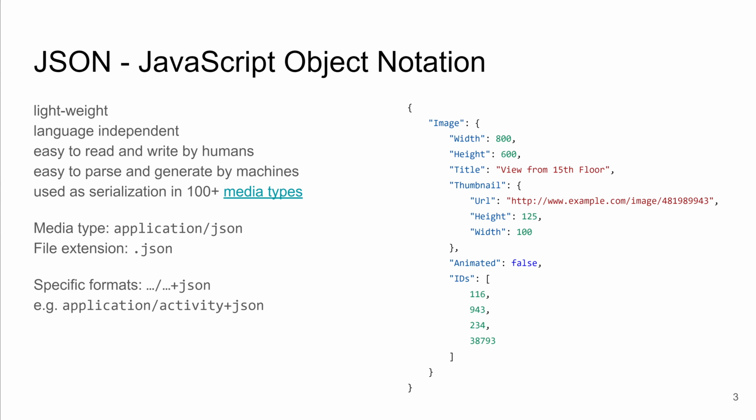When I talked about XML, I said that XML is often referred to as a meta format or a host format, which means that it by itself defines the proper syntax and the constructs you can use.